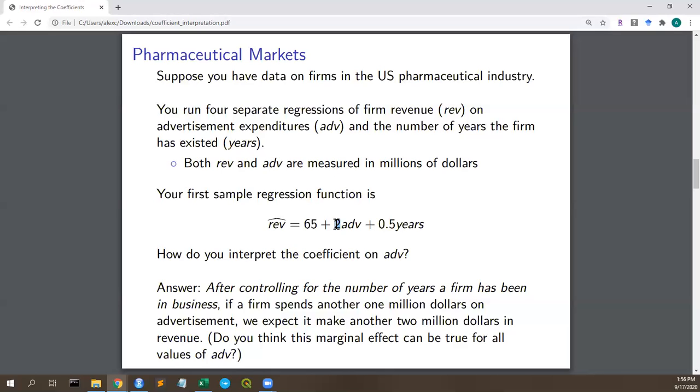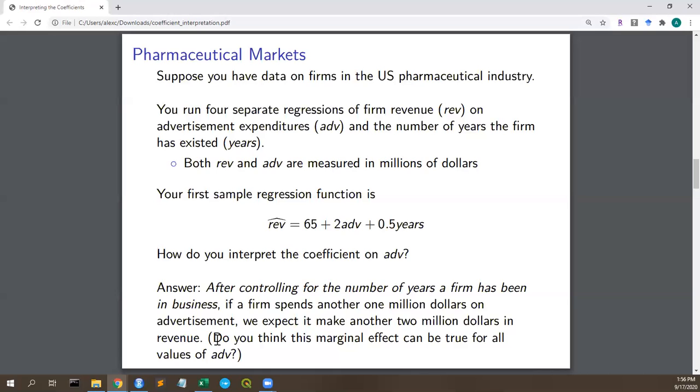If I increase my advertising by 4 million, it would be 4 million times 2, which gives us $8 million, right? So there's seemingly a doubling: whatever dollar I spend on advertising, it's going to give me double in revenue. But this is only controlling for how many years I've been in existence.